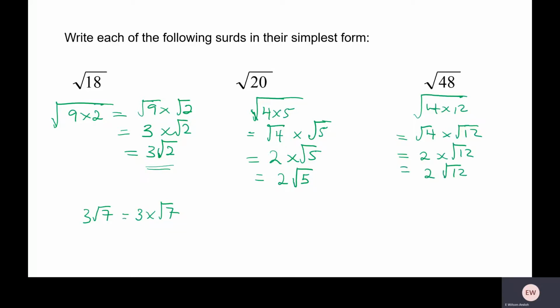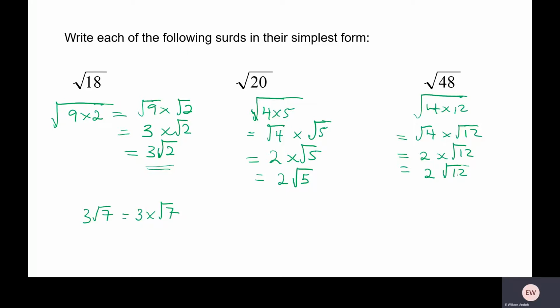Now, when you check the number in the square root, which is 12, we can still simplify 12. Always check whether the number in the square root can be simplified. So to simplify 12, we think of a square number that is a factor of 12, and that square number is 4.